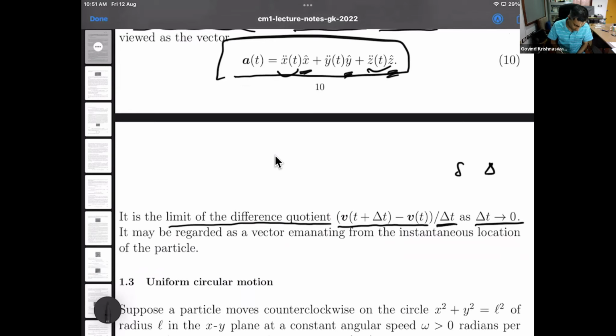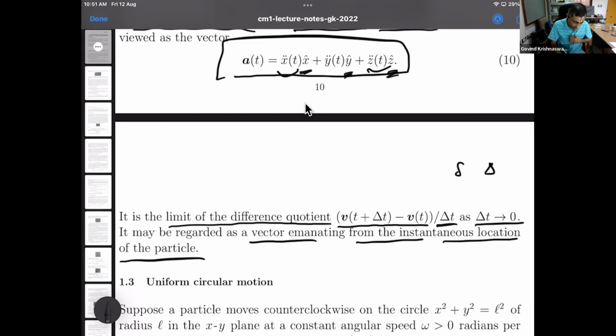Okay, so now the acceleration vector may also, for many purposes, be regarded as a vector. I will answer the question in the chat box in a moment. So we would like to view the acceleration vector also as a vector emanating from the instantaneous location of the particle.